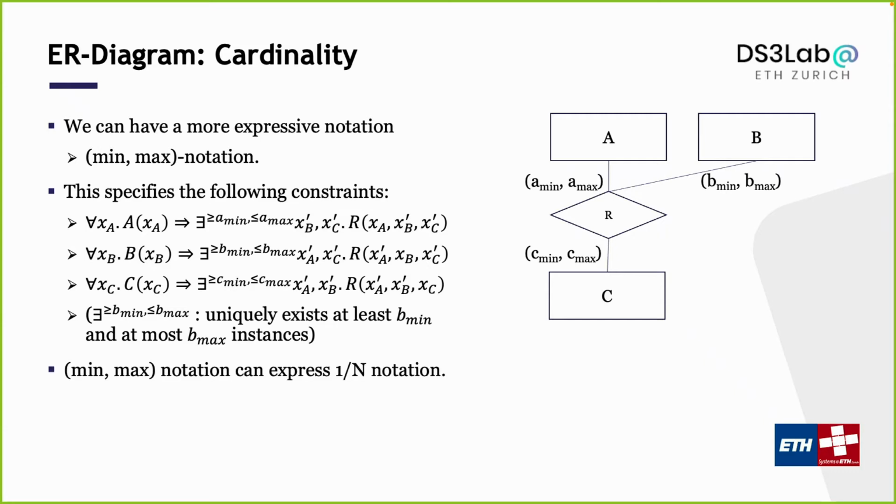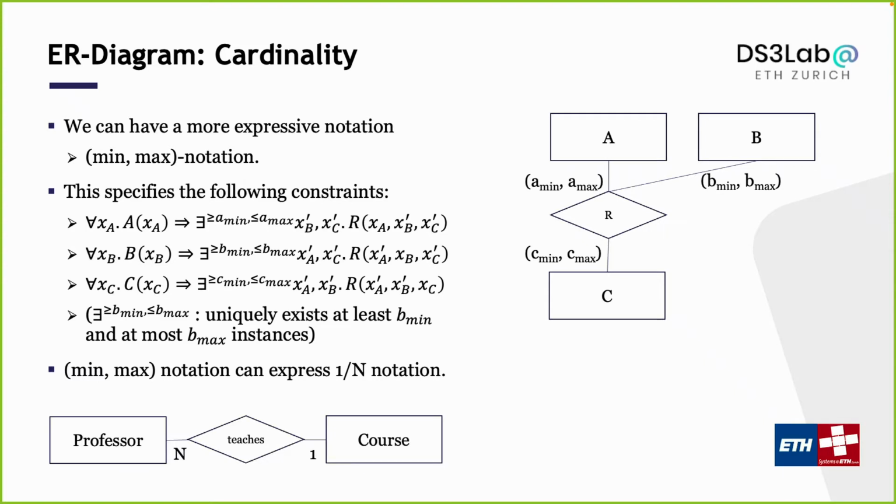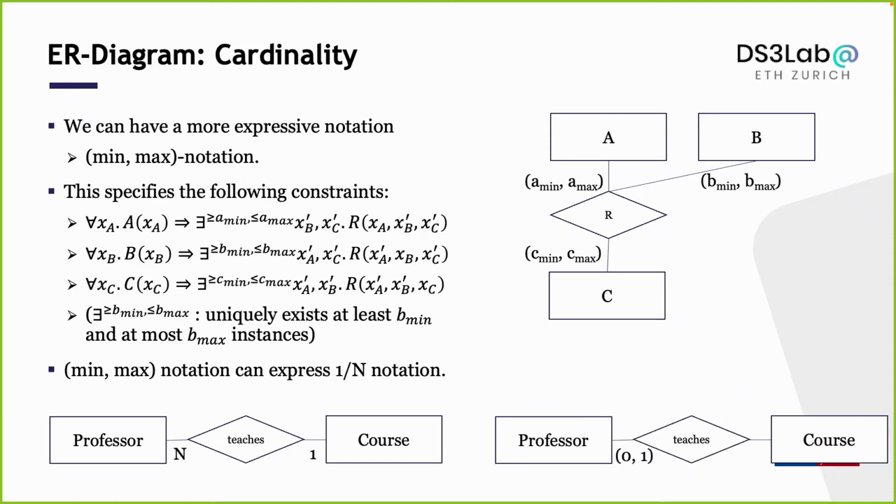So one thing that's easy to see is the min-max notation is more expressive than the one-to-many notation that we saw, because you can express any of the one-to-many constraints with the min-max notation. So assuming we have professor and course, we have the 1 connecting course and teaches, and we have n connecting professor and teaches.